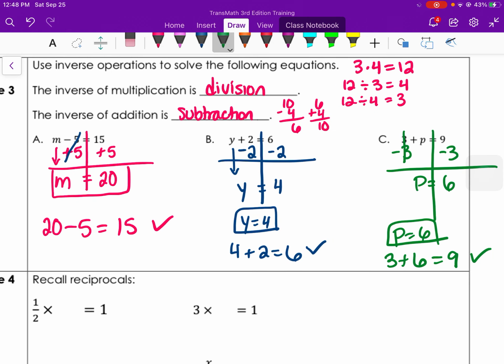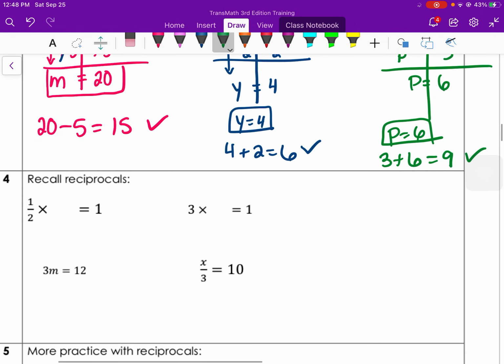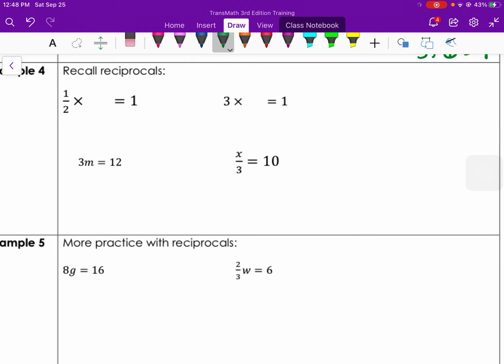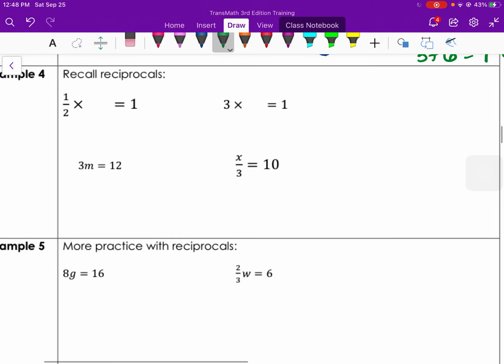The next thing we're going to look at is multiplication and division. One thing we have to remember is multiplication with reciprocals. The idea of the fractions: what do you have to multiply a fraction by to make it equal to 1? Because when we're solving for variables, we're looking for, what does x equal? Not what does 3m equal, 12. I want to know, what does 1m equal?